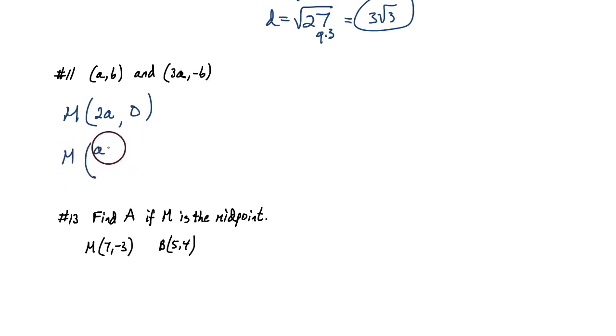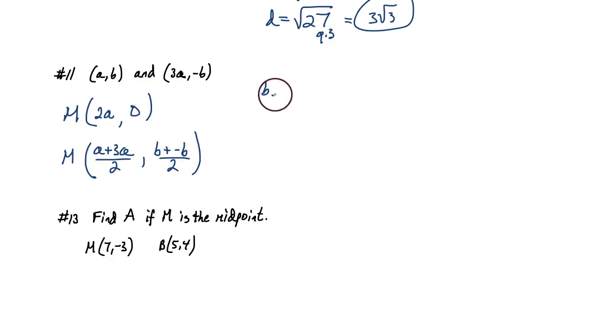You would add your x coordinates together and divide by 2, and you would add your y coordinates together and divide by 2. A plus 3a is 4a, and 4a divided by 2 is 2a. B plus negative b is 0, and 0 divided by 2 is 0.